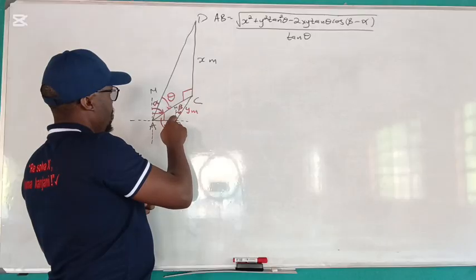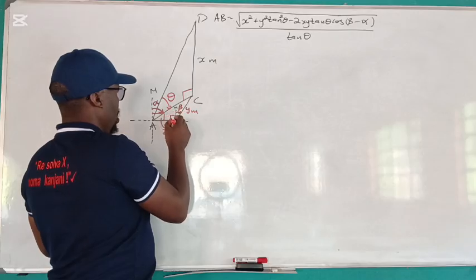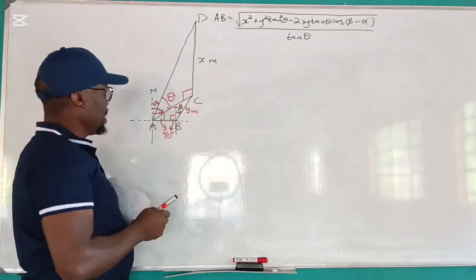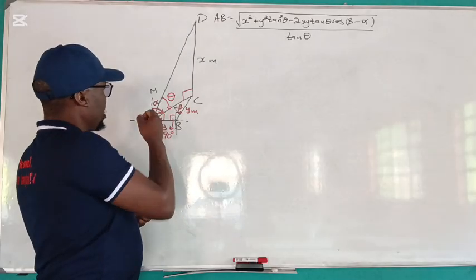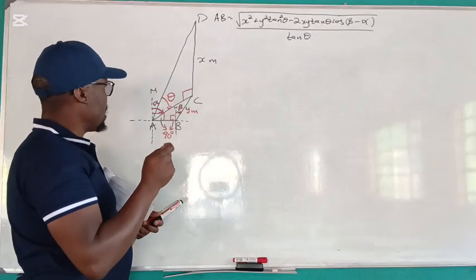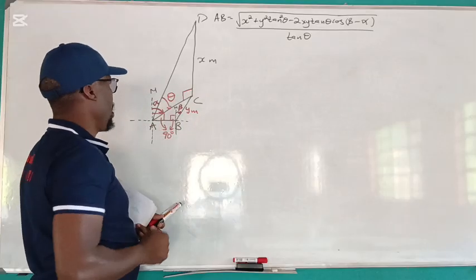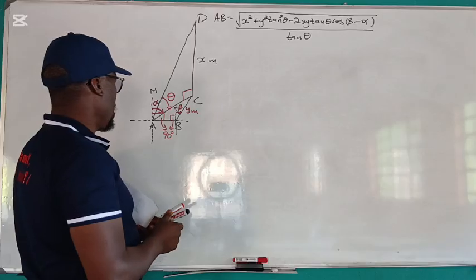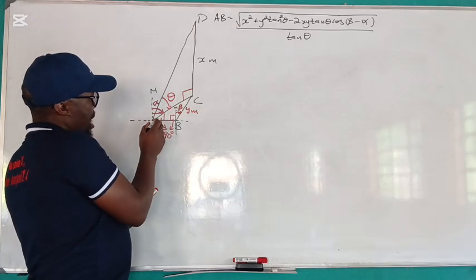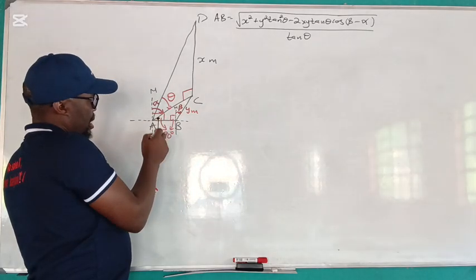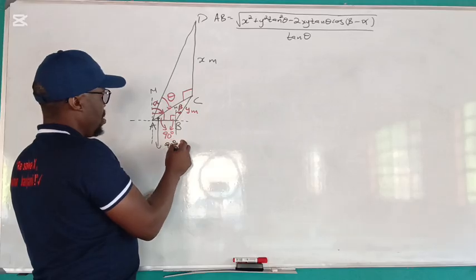And the angle over here is also 90 degrees. Okay, we've got these two angles being equal to 90 degrees, and we need to express that angle over there in terms of alpha and beta. So if this angle is equal to 90 degrees, it means that this angle should be 90 degrees minus alpha.